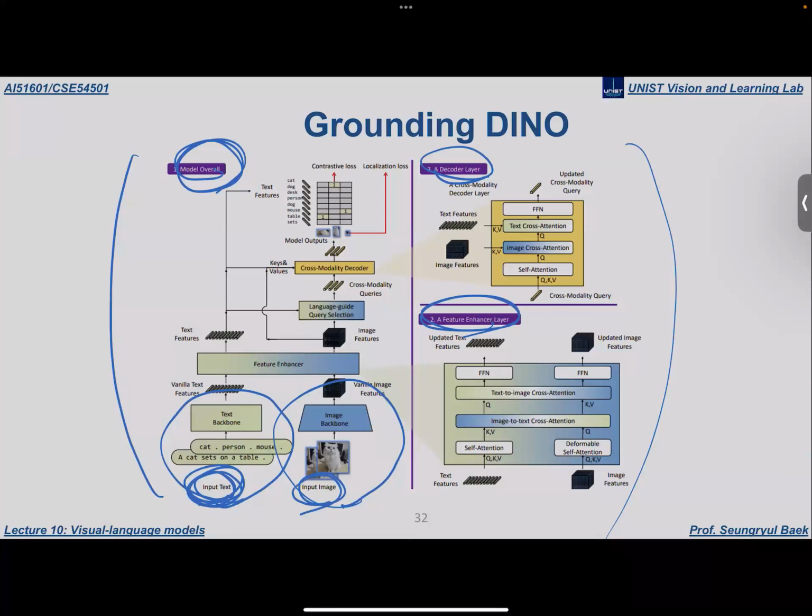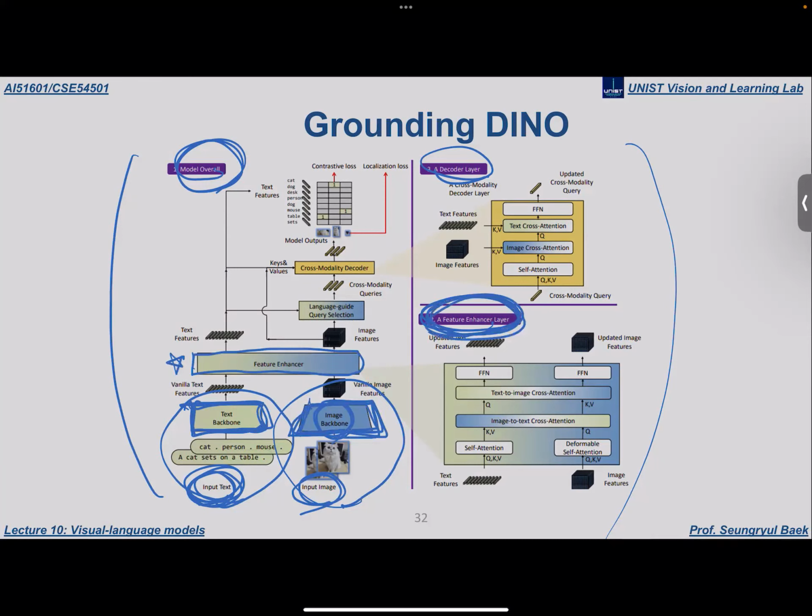Here the text backbone is the CLIP encoder, the CLIP text encoder located here, and here is the image encoder. We randomly initialize it and want to train this part. And in the middle we have the feature enhancer.